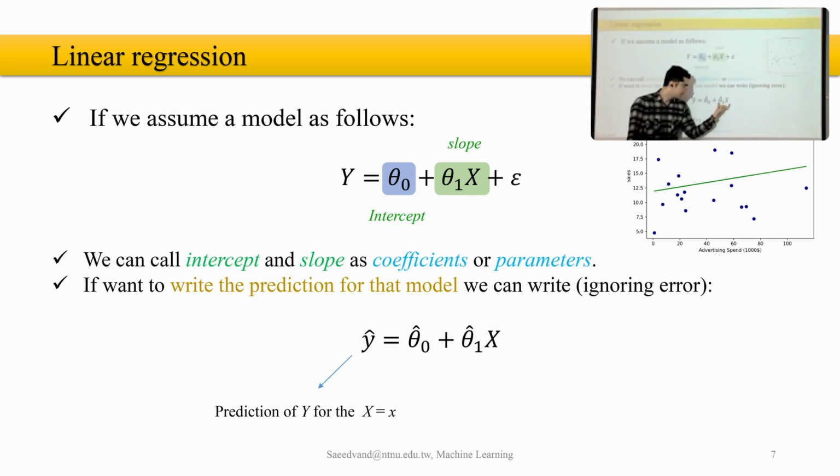The term on the right side indicates the slope. As x is increasing, if you put 2 times x, the line goes like this. If you put 3, the slope goes up, and if you put 1, the slope goes down. After the slope, you can add some value, theta 0, to move the line up or down.